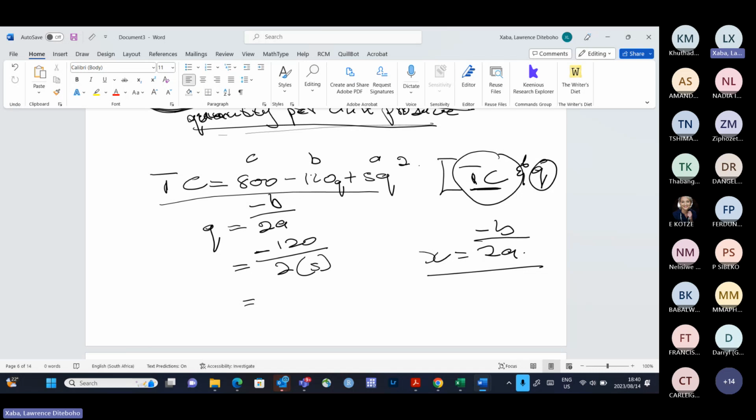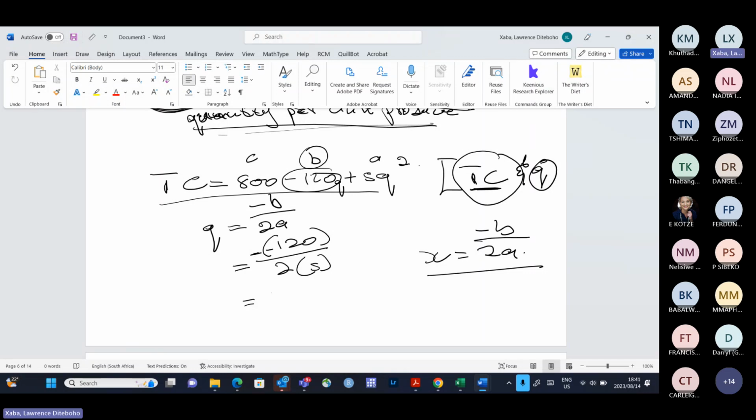If you look at your B here, from the given equation, it's negative, and our formula also has a negative sign. So in this case, we are going to have a negative outside and a negative inside the brackets.